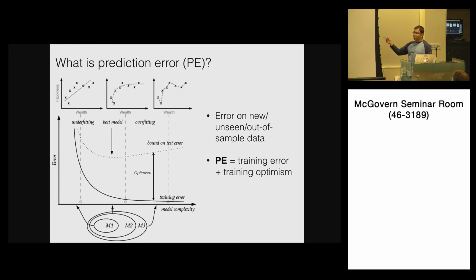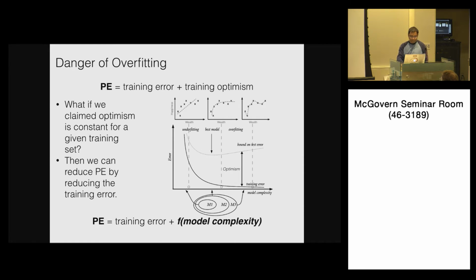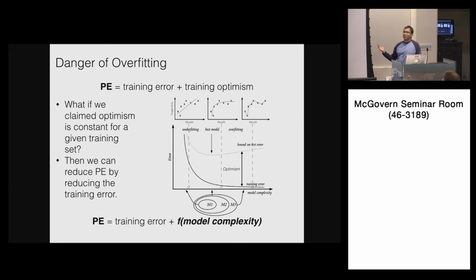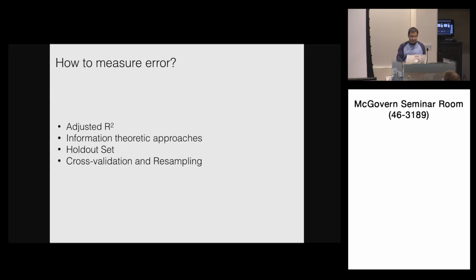So just reducing training error is insufficient to give us a good model. We want to come up with the best match of training error plus optimism. So I already kind of talked about how you can continue to reduce training error by increasing the parameters of your model. It will give you better and better fits. So that's not where you want to go.